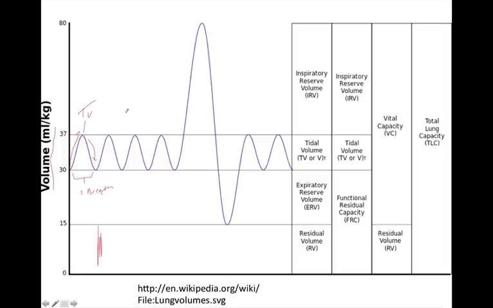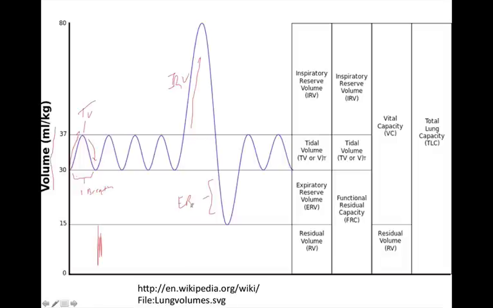You know that there are certain volumes beyond tidal volume that we can inhale. So you can figure out why this would represent inspiratory reserve: when that person takes that maximum breath in, that's inspiratory reserve. And then you can see why this would be expiratory reserve, because this is how much air you're trying to blow out.